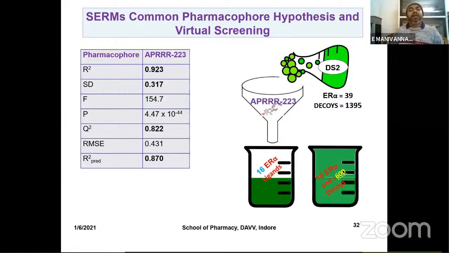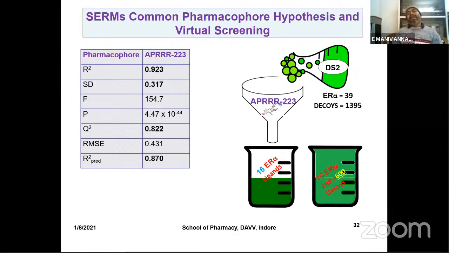Q squared, the internal cross-validation parameter, is 0.822. This shows the best predictive ability of this common pharmacophore hypothesis. Root mean square standard deviation or standard error is 0.431, and R square prediction, the external prediction, is 0.870.